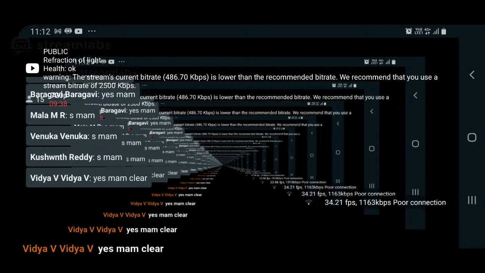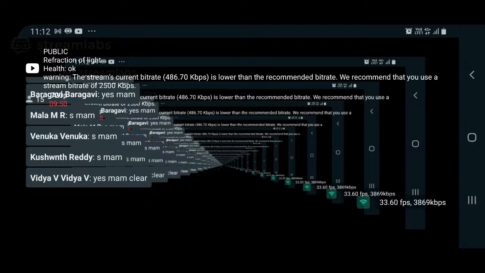Reflection is just the bouncing back of the light. The light which falls on the surface is called the incident ray. The ray which bounces back is called the reflected ray.